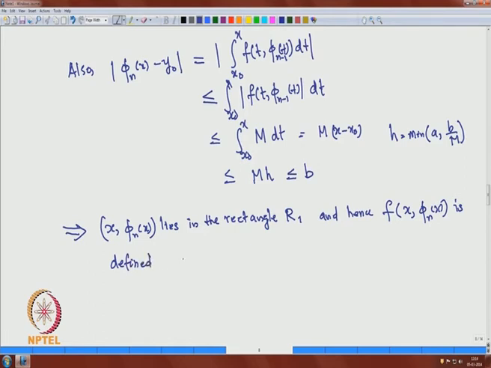Since f is continuous and phi n is continuous, f of (x, phi n of x) is defined and continuous on the interval x 0 plus h.